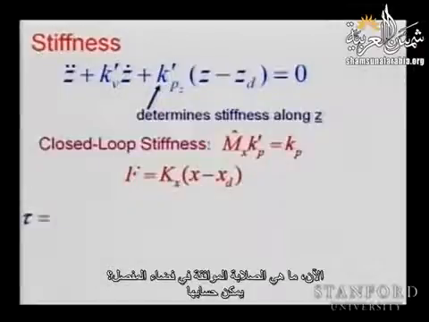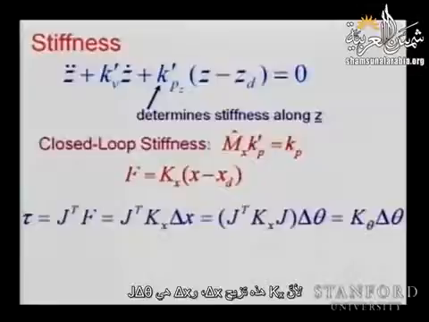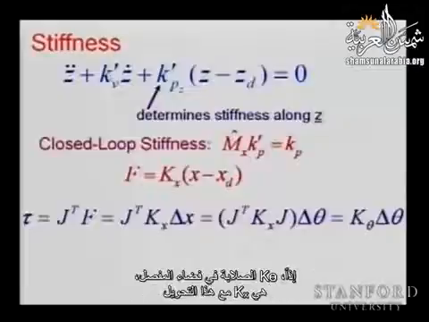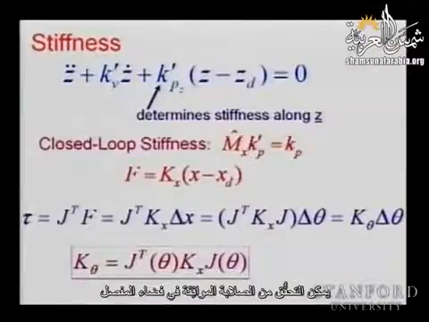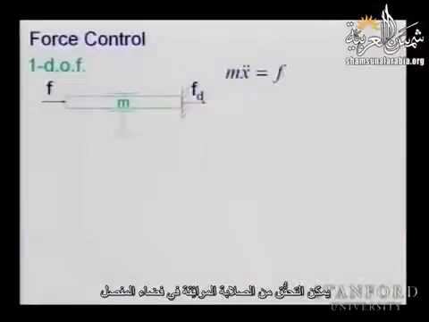You can compute it, because this kx is displacing delta x, and delta x is J delta theta. So your k theta, the stiffness you have in joint space, is your kx with this transformation. So you can even evaluate your corresponding stiffnesses in joint space.